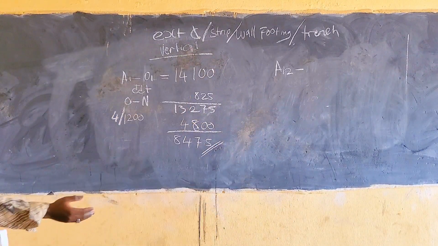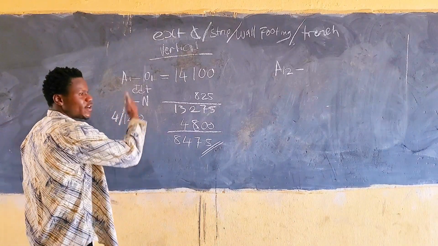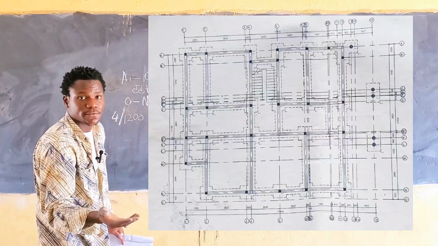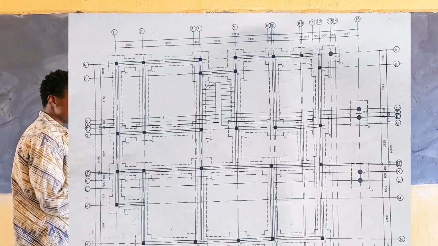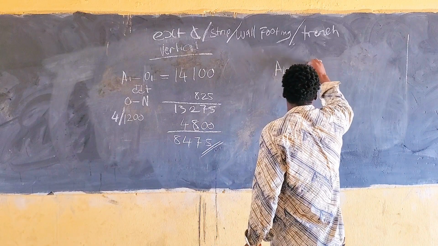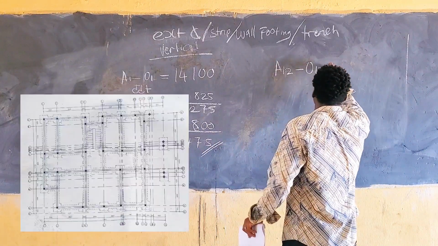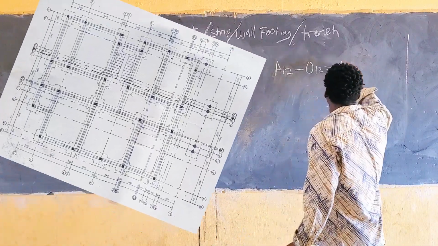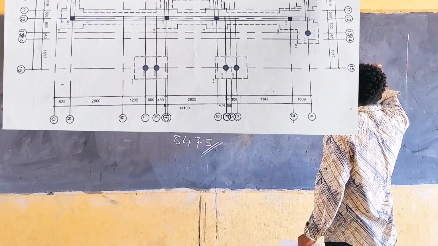So following the same principle as this one, the other side is labeled A12 to O12. So we just look at the dimension of A12 to O12. It's still the same as this one. So we say A12 to O12 is equal to 14,100.